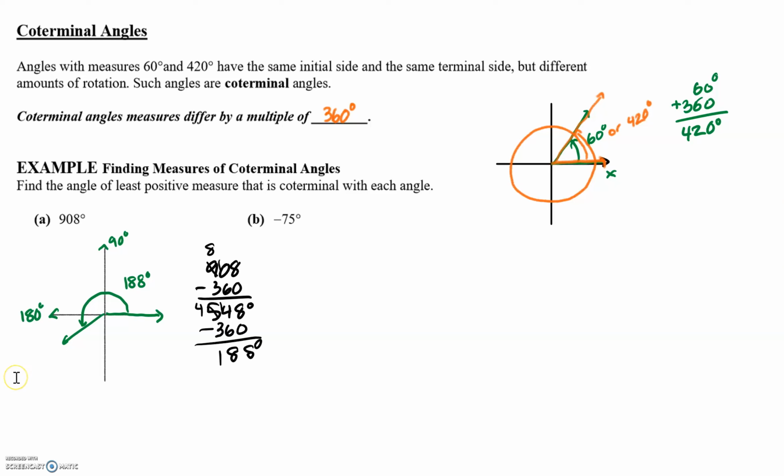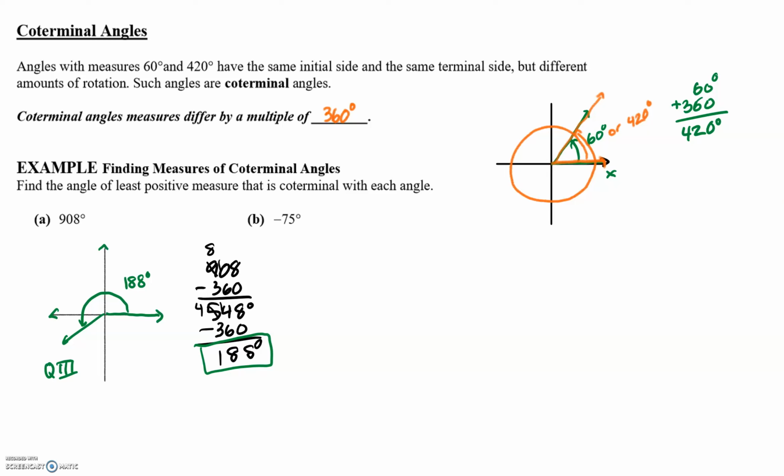We can see that's in quadrant 3. I can erase that 180 and that 90, that was just for reference. It's in quadrant 3. So 908 and 188 differ by multiples of 360. So the answer for the least positive measure that is coterminal with this angle is going to be 188 degrees.